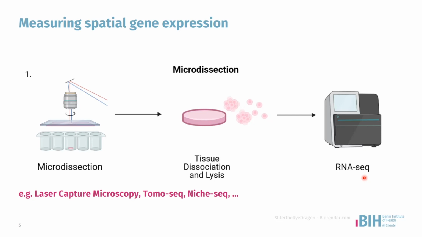So once you get the gene expression profiles from the sequencing, you can now map this back to the tissue because you know where you isolated these different tissues from. And over here, the resolution of gene expression directly correlates to the size of the isolated regions that you have.